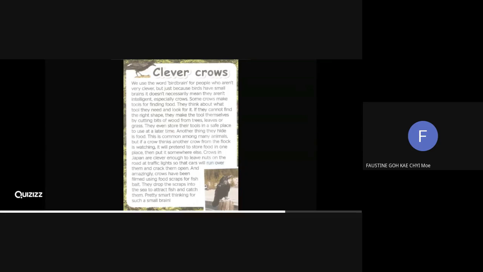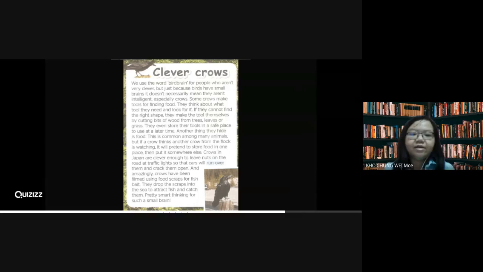And amazingly, crows have been filmed using food scraps for fish bait. They drop the scrap into the sea to attract fish and catch them. Pretty smart thinking for such a small brain.